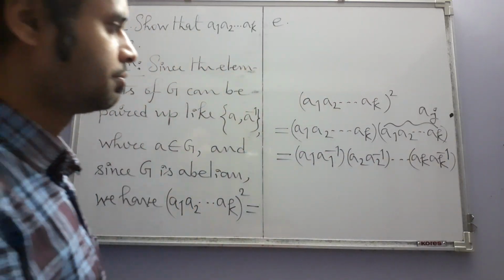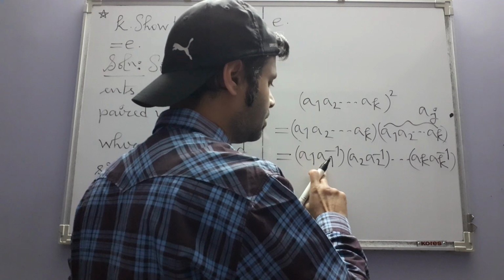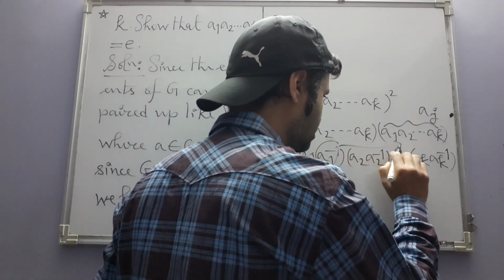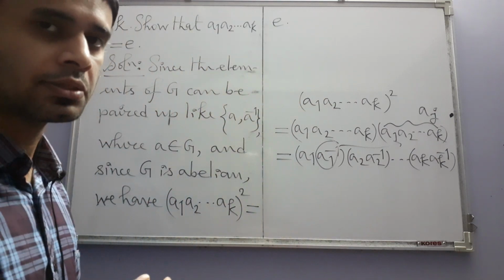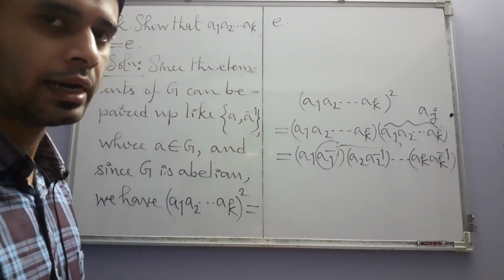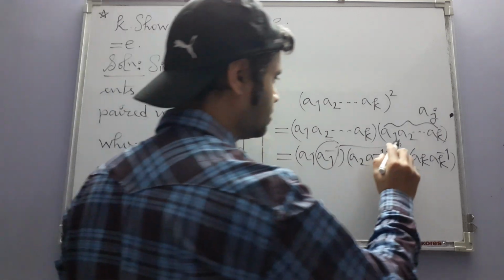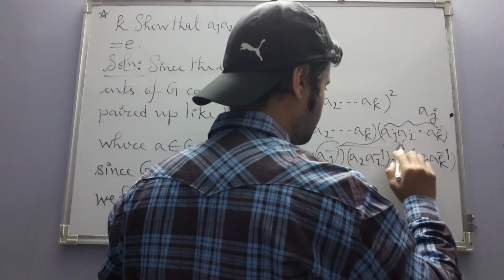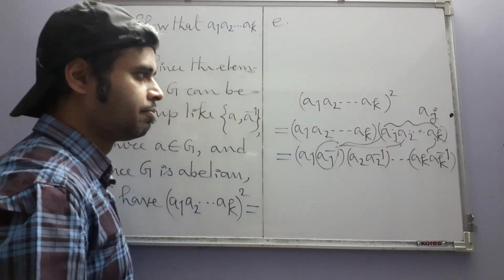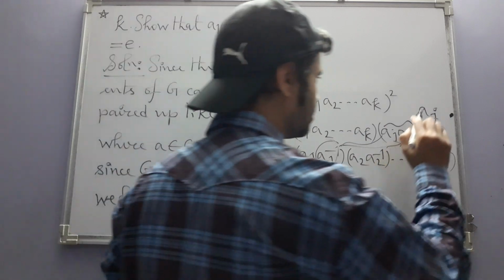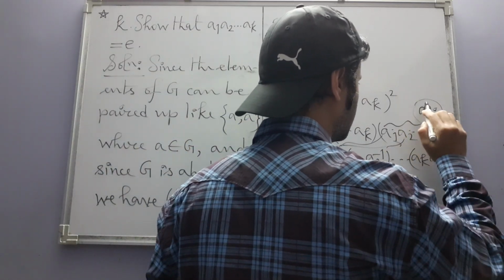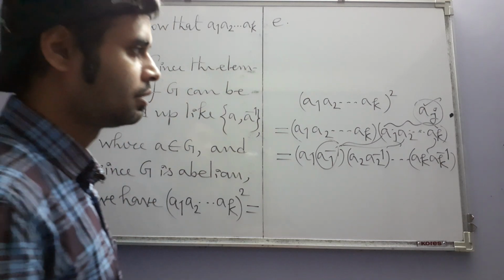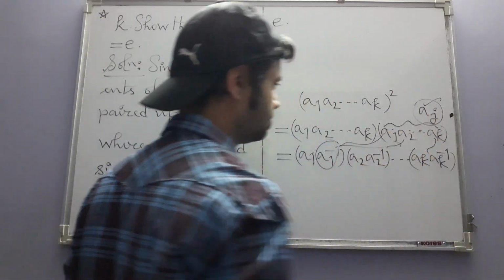Because you see one thing, A1, we don't really know what A1 inverse actually is. It may be some AI, some AJ. We don't really know what that I or J is. So after making these pairs, we don't really know whether we should have some leftovers or not. Say there is a leftover, say that is AJ.